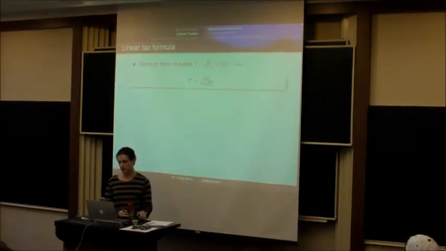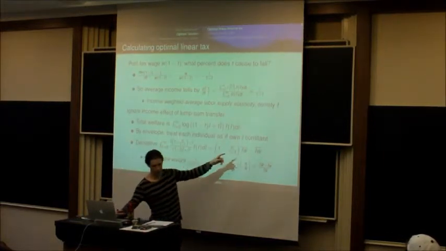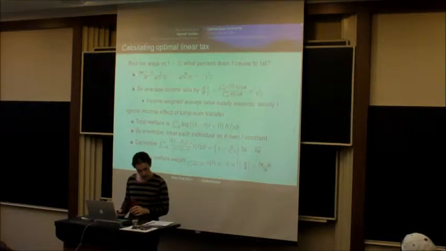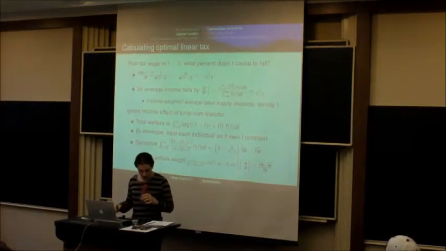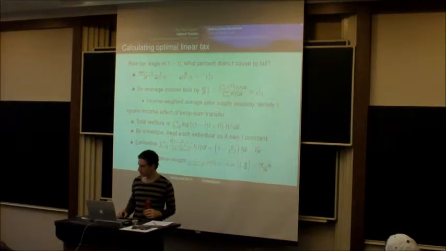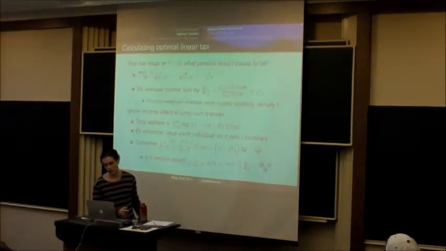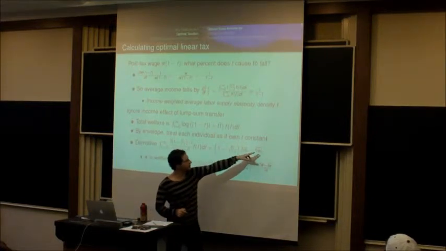Okay. So then, what is the optimal income tax? We'll just rearrange this formula. We want to set this derivative equal to 0.